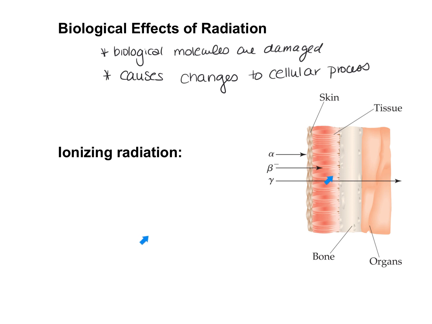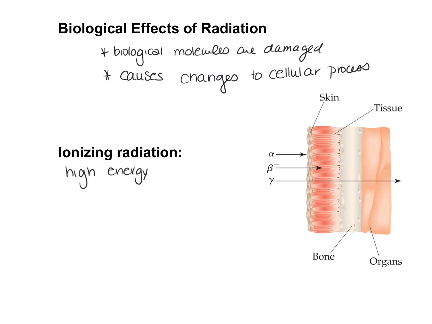When we discuss ionizing radiation, we talked about this in a previous screencast, right? When high energy radiation, like gamma rays, passes through a cell, it collides with molecules, causing them to lose one or more electrons, and that's why they're so dangerous.